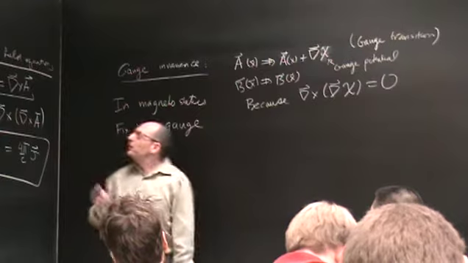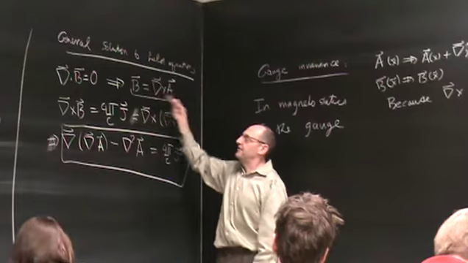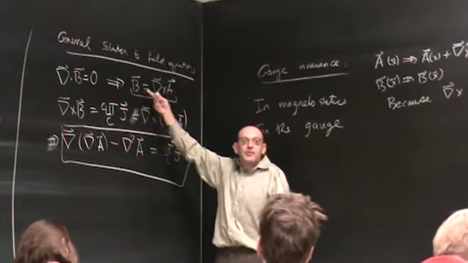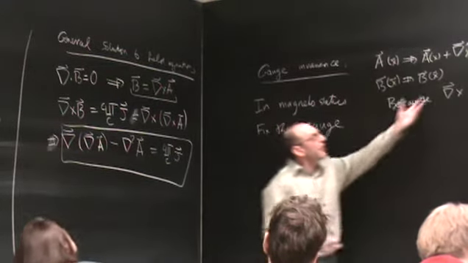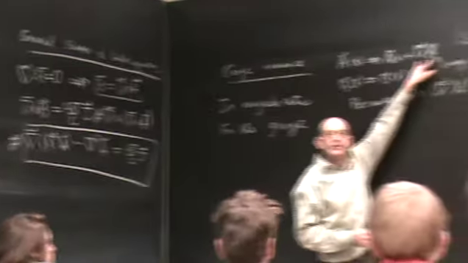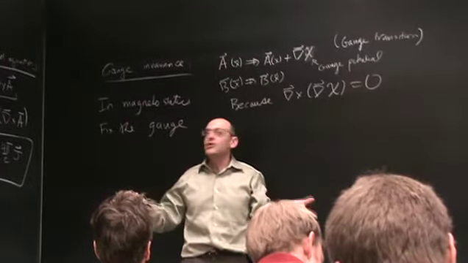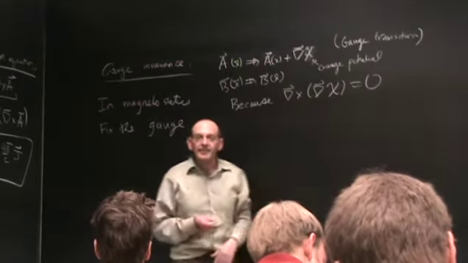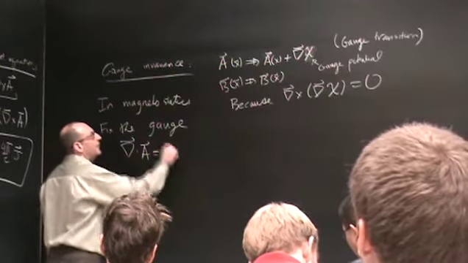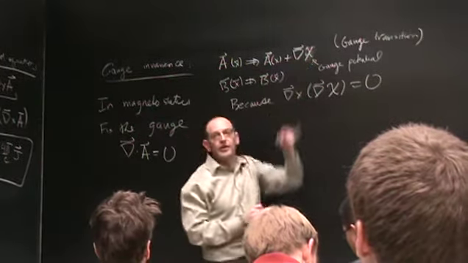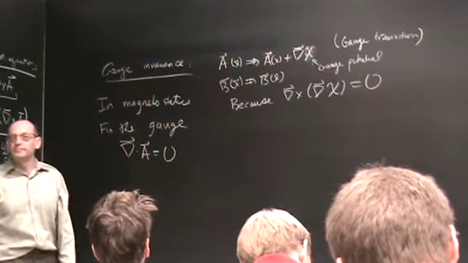You see, the curl of A is fixed: it has to be equal to B. But the divergence of A is completely arbitrary, and we can shift it around by different choices of gauge. So fixing the gauge is another way of saying, what are you going to make the divergence of A? And what we choose is del dot A is 0. And if it's not, we can always shift it by a gauge transformation to be 0. There is some gauge potential which will do that.